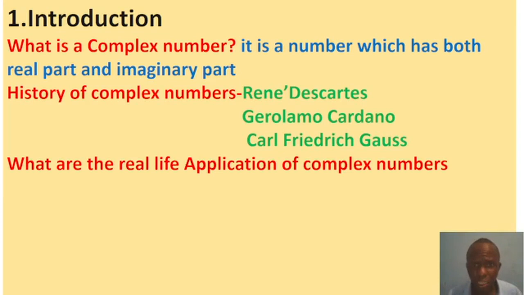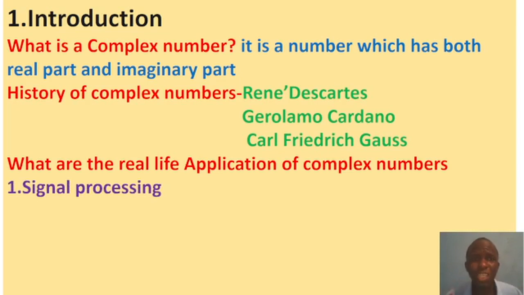Now that we have looked at a brief development of complex numbers, let us go to the real life applications of complex numbers. Where do complex numbers find a use? We are going to start by looking at signal processing.